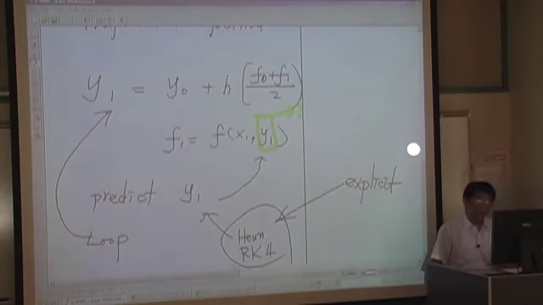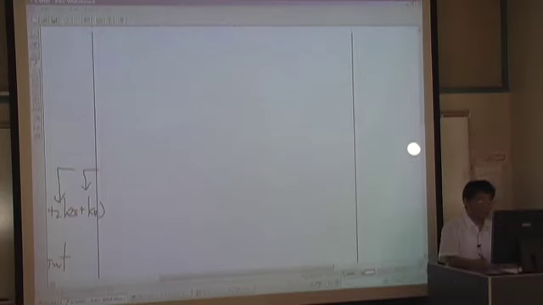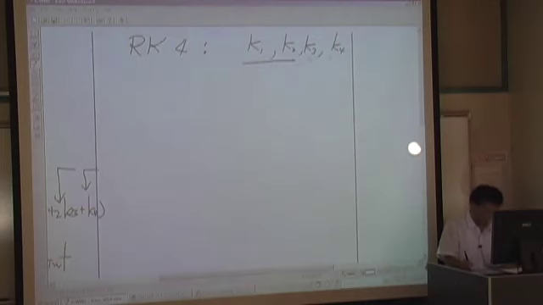Now, we can consider RK2 instead of RK4. RK4 requires K1, K2, K3, K4. But now, instead of using K1, K2, K3, K4, we use this middle value. So RK2 is this thing.